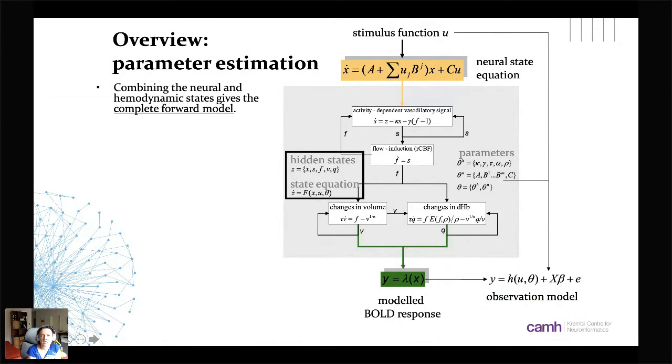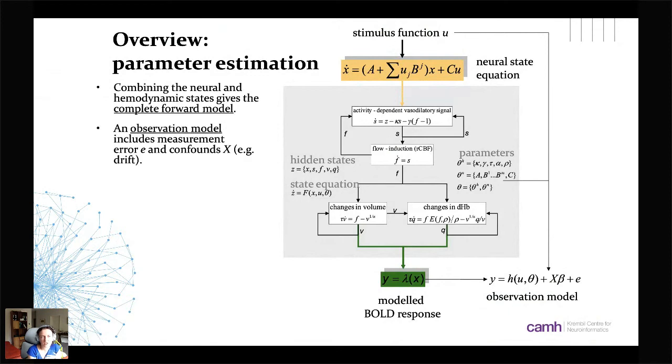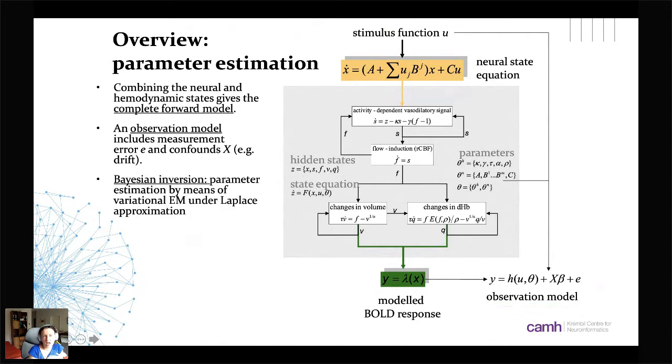These are the hidden states, and these are the state equations, the differential equations, and the observation model. The hemodynamic response model also includes a measurement error epsilon, and confounds. Potential confounds can be included in a matrix X, which relates to scanner heating or motion parameters of the participants that are incorporated into the observation model.